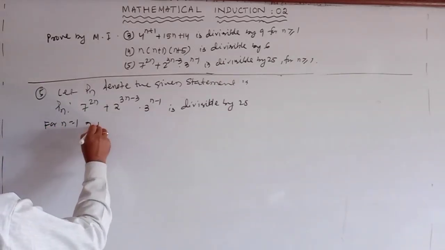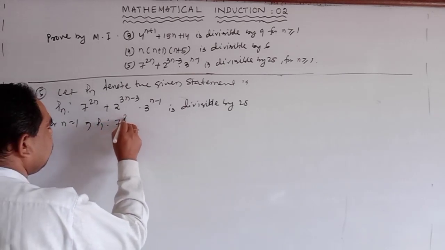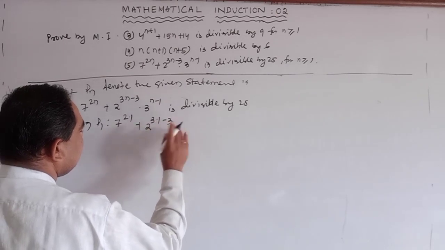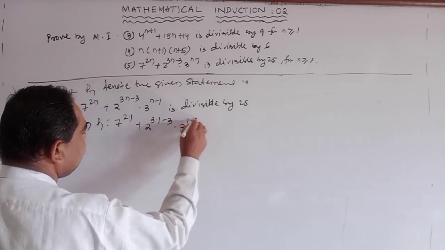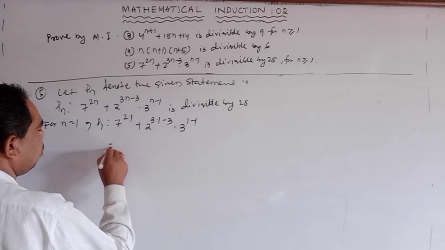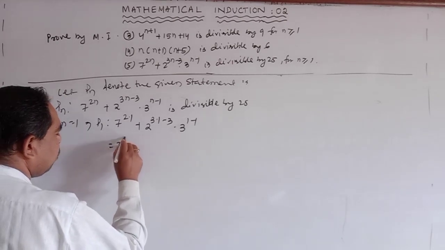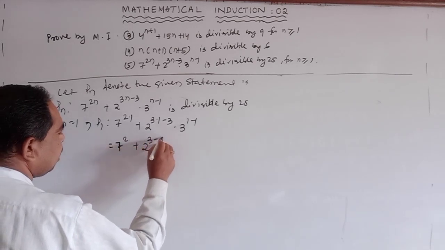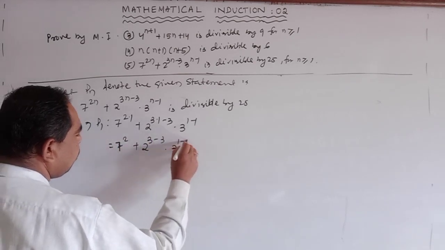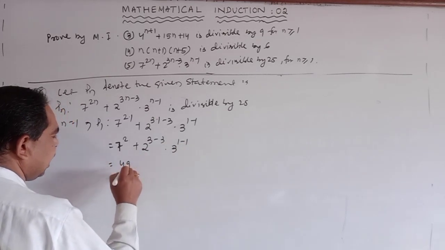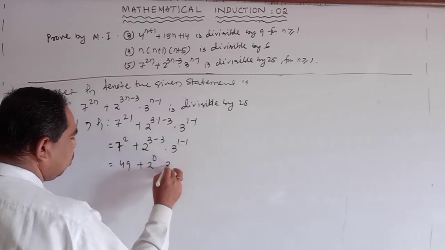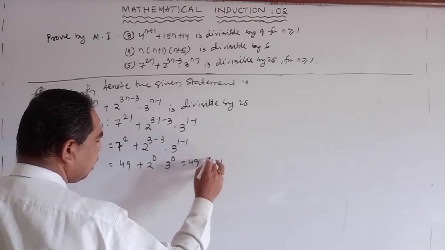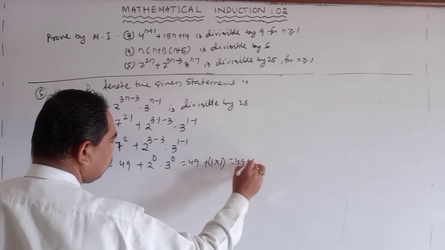P1: 7 to the power 2 into 1 plus 2 to the power 3 into 1 minus 3 into 3 to the power 1 minus 1. This is 7 squared plus 2 to the power 3 minus 3 into 3 to the power 1 minus 1, which is 49 plus 2 to the power 0 into 3 to the power 0. 49 plus 1 into 1 is 49 plus 1, which is 50.